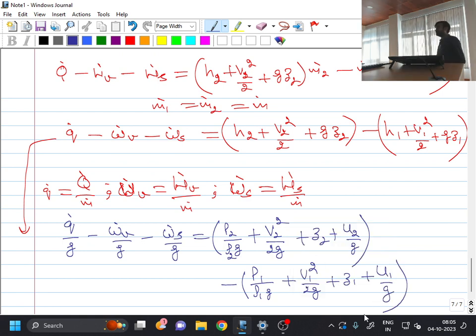Fine. Now, what is the benefit of this equation? The benefit is that if you see the dimension of all the individual quantities, this has to be dimensionally homogeneous.